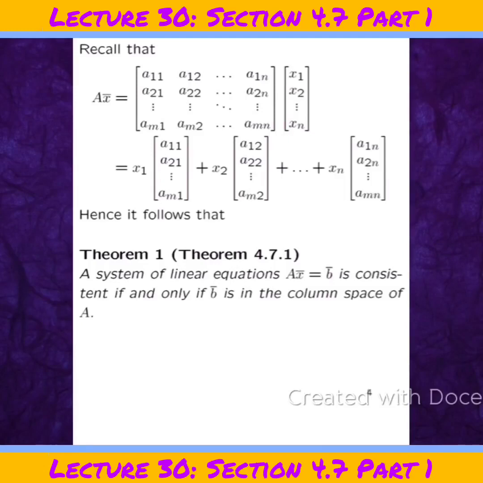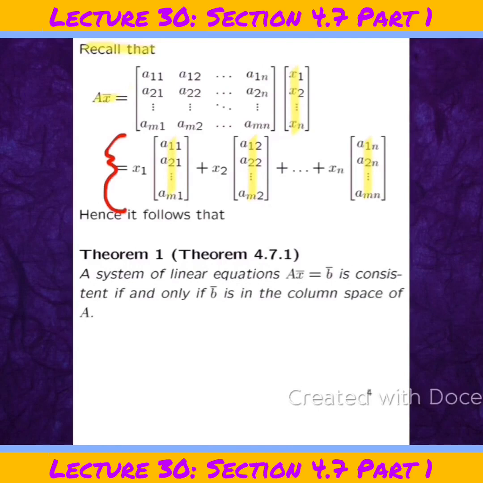Alright, so next, recall that if we take the matrix A and we multiply it with a column vector, and we multiply this row with that column, this row with that column there, carry that process through and multiply that row with that column there, that can be expressed as this linear combination, where in fact we have the column vectors of A, and we're writing a linear combination of the column vectors of A down.